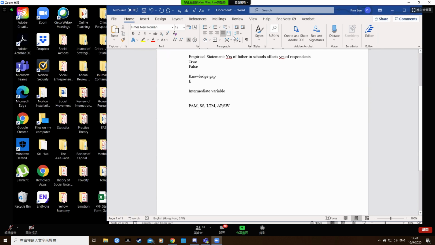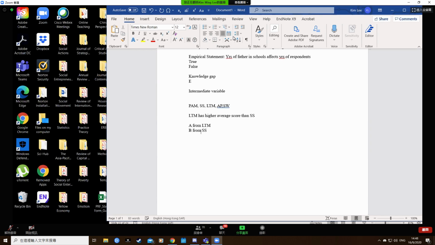So, just for example, LTM students have a higher average score than, say, SS students. This is our finding, after examining the final GPA, whatever. Then we selectively take one student, for example, student A from LTM, and another student B from SS.